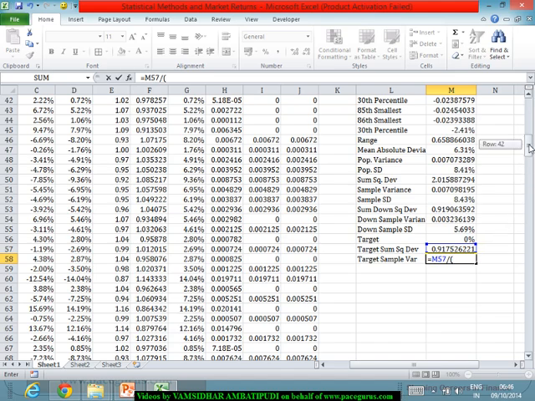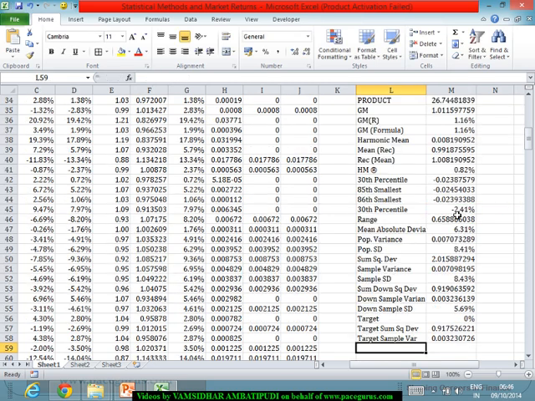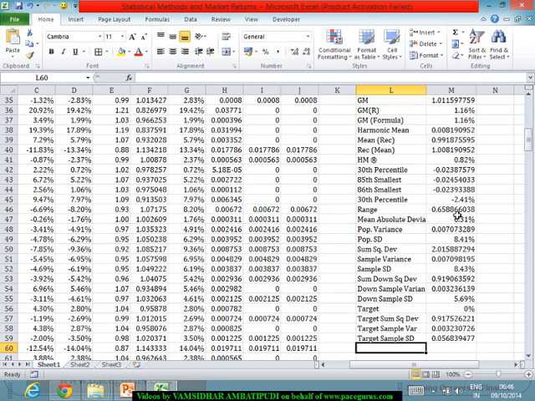The target based sample variance is the sum of the deviations divided by n minus 1. And the target sample standard deviation can be found out by taking the square root of this, giving me that if I am going with a target based measure, my sample standard deviation is just 5.68. Here the target I have set as 0%.